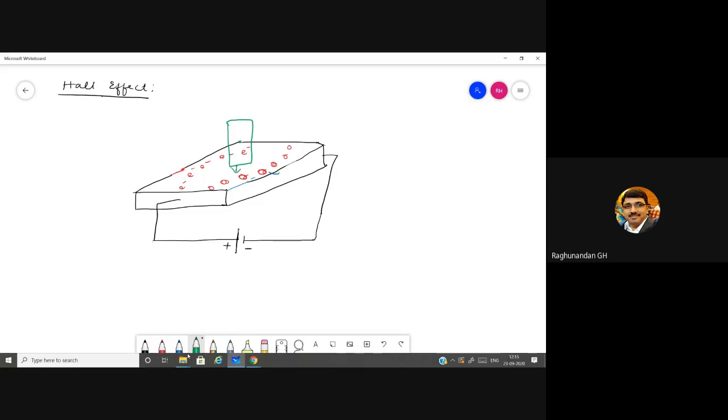So now, on seeing the picture, can anyone tell me what is happening? What was happening at the beginning and what is happening now?